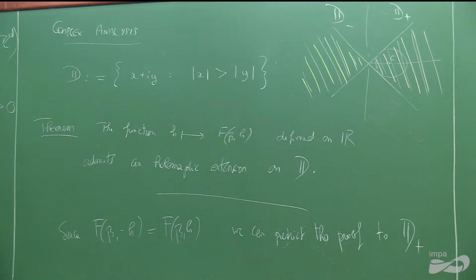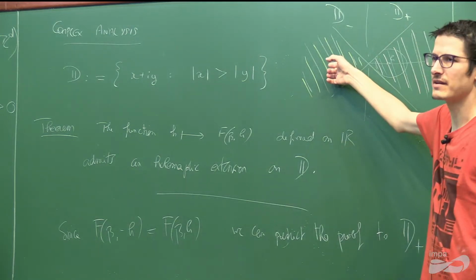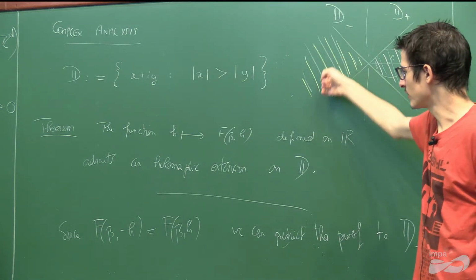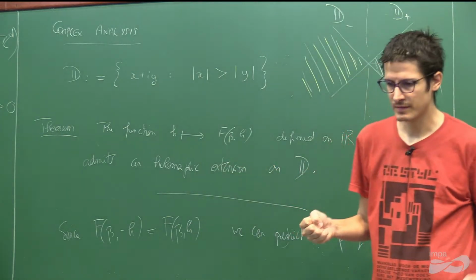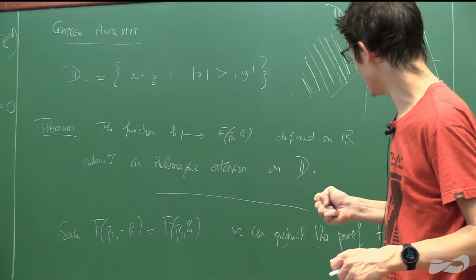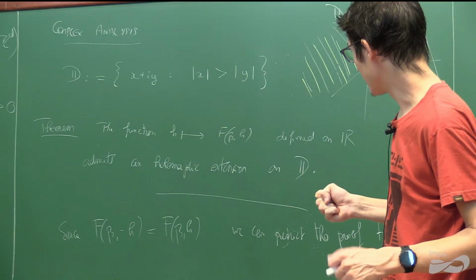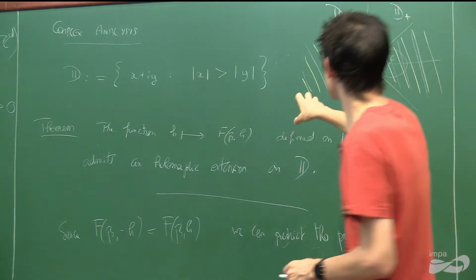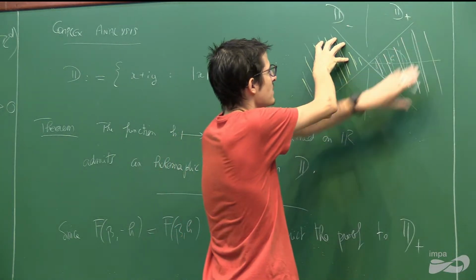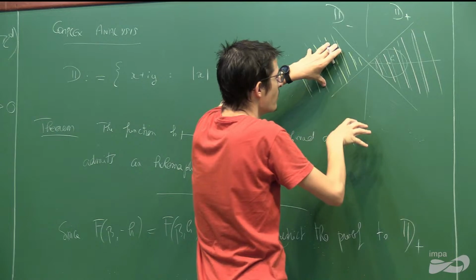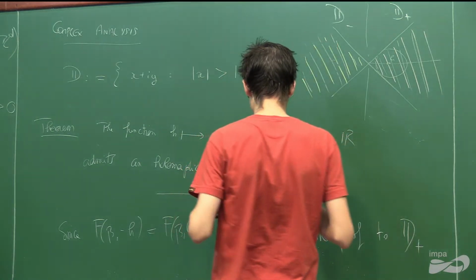Because for the analytic extension on D minus, you just take your holomorphic function and apply it to minus. To have the extension here, you just take the extension here, and here you apply it to minus h instead of h.